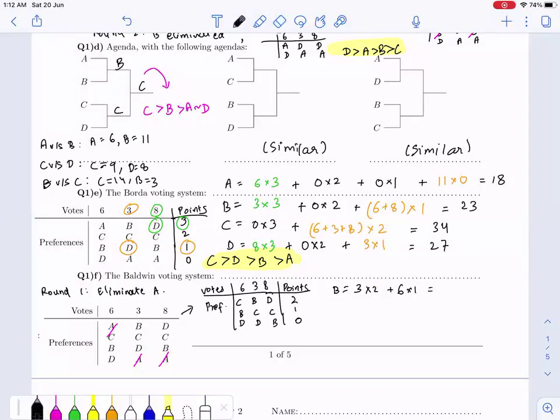Okay, so this is 6 plus 6, which is 12. C gets 6 times 2 plus 3 plus 8 times 1, which is 12 plus 11, which is 23. And D gets 8 times 2 and 0 times 1, which is 16.